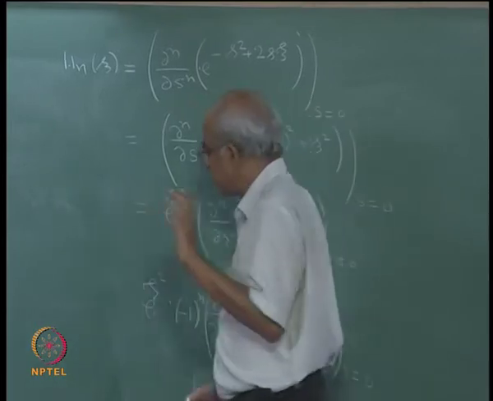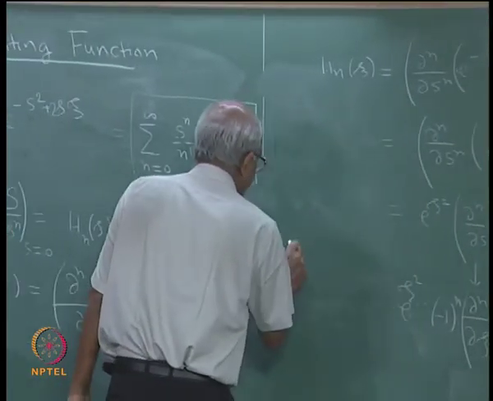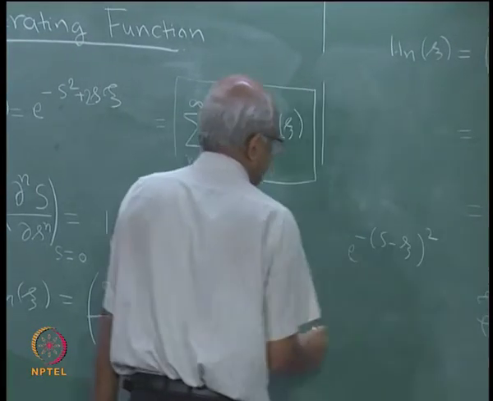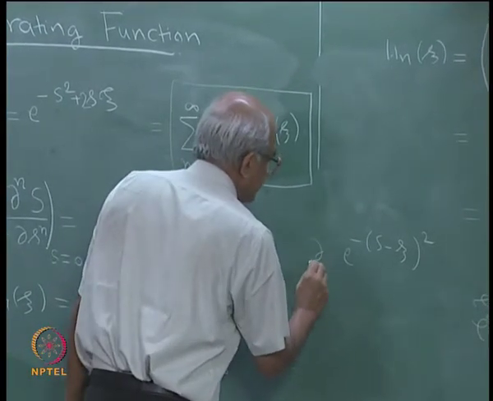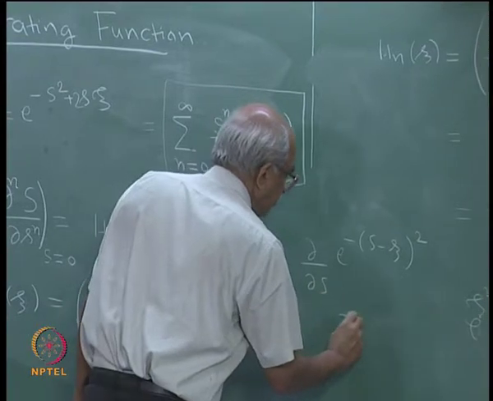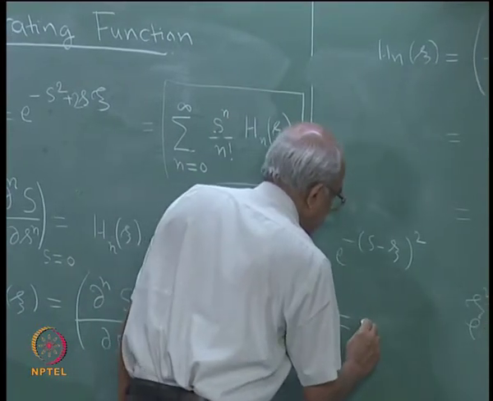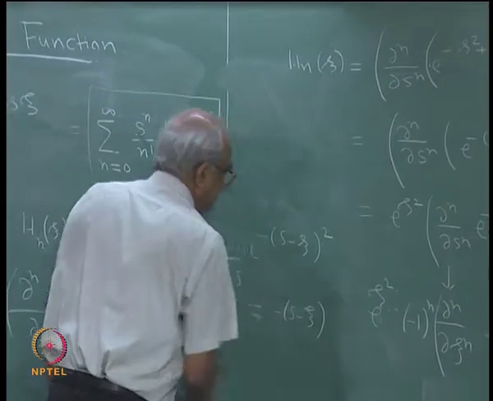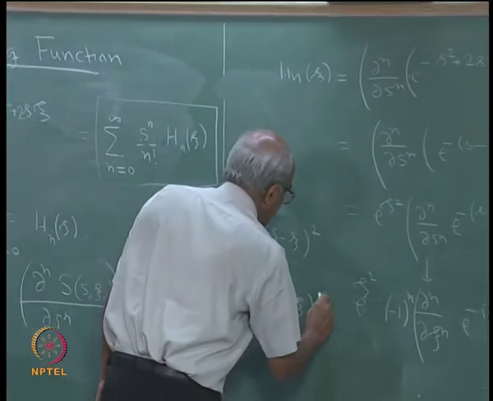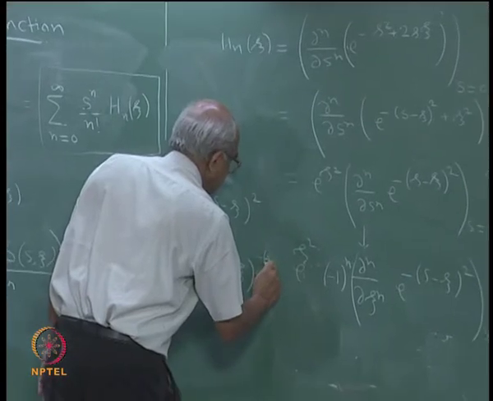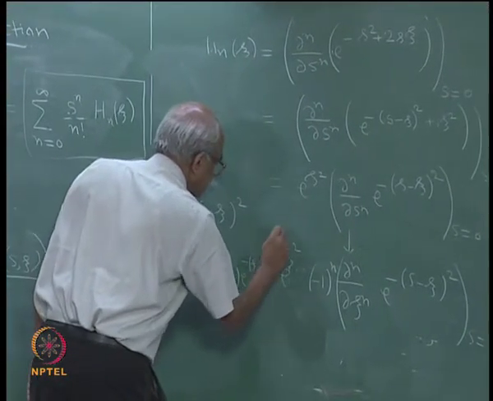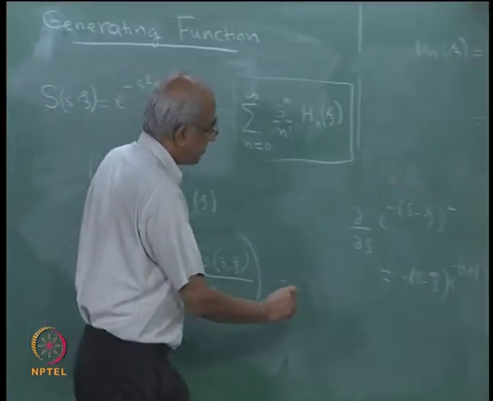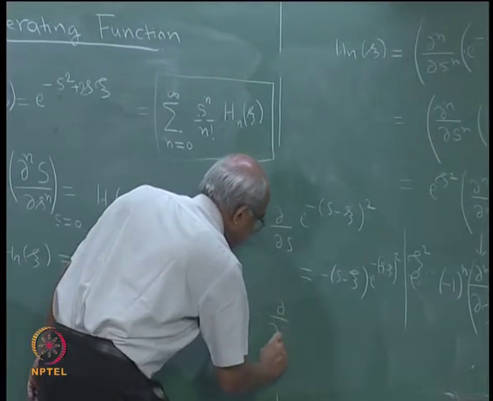If you want, you can verify this very easily. You look at the e to the power of minus s minus c the whole square, differentiate it once with respect to s. What will be the answer? The answer is going to be minus 2 times s minus c into e to the power of minus s minus c the whole square. This is the answer if you differentiate it with respect to s. If you differentiate it with respect to c, what will be the answer?